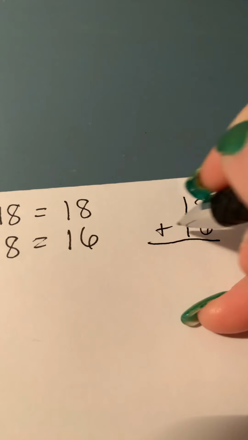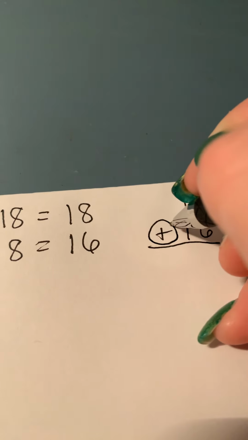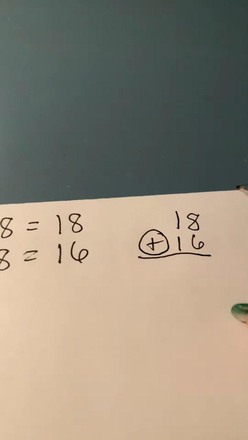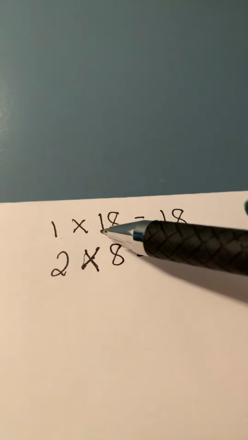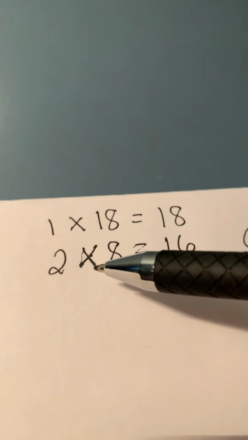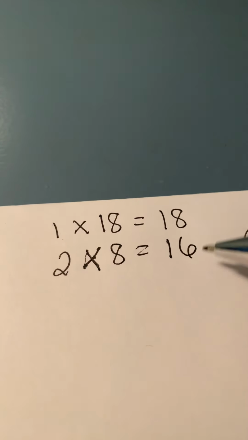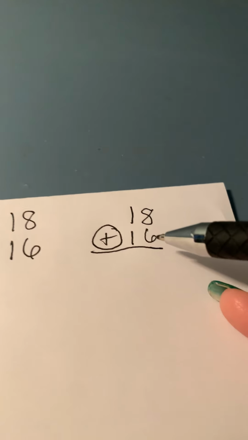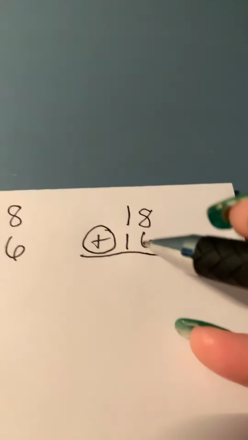Okay, I'm going to circle my operation so I know what I'm working on. So we're adding, because he bought one pair of jeans and he bought two shirts. So he wants to know how much did he spend. So if he spent 18 on the jeans and 16 on the shirts, how much did he spend all together?